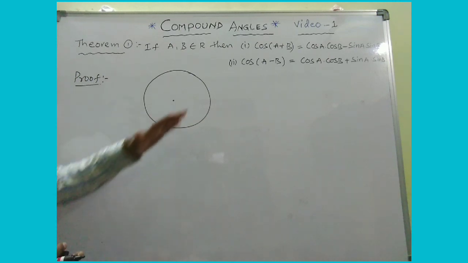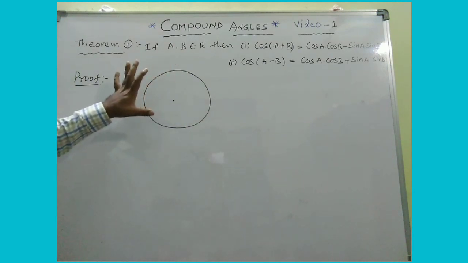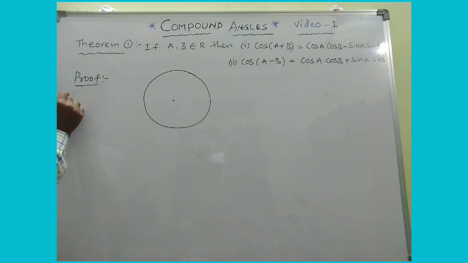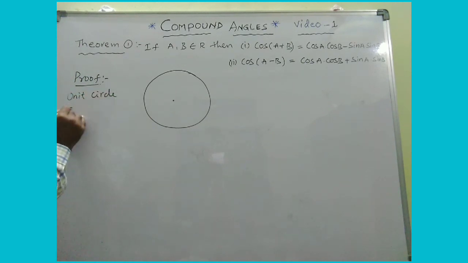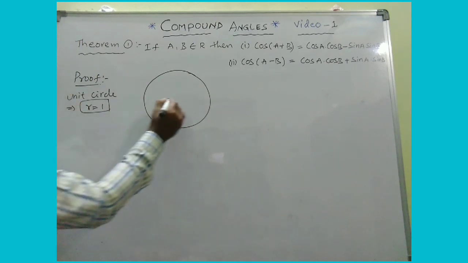For that, let us consider a unit circle. You know the meaning of unit circle? It is nothing but a circle whose radius is 1 unit. That's why this circle is considered a unit circle. Let O be the origin.